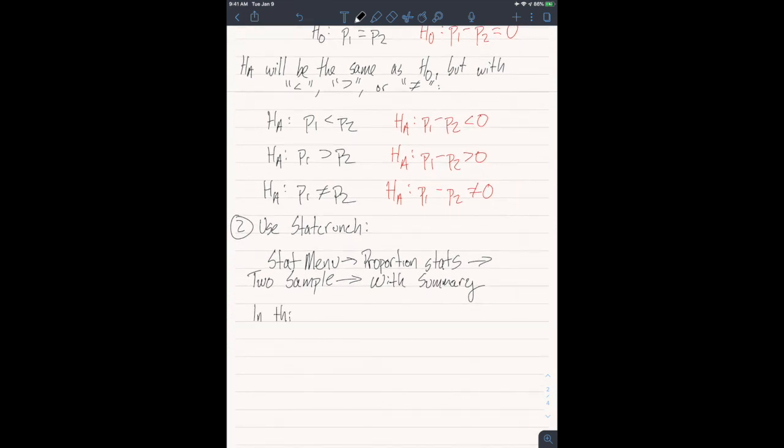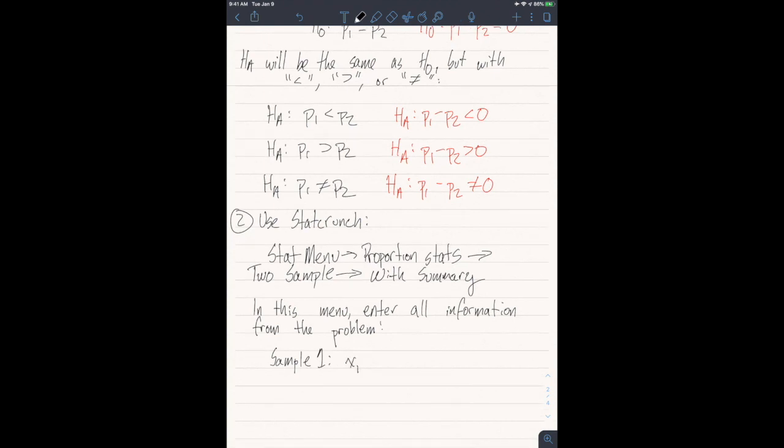In this menu, enter all information from the problem. You'll need, for sample 1, x1 and n1.